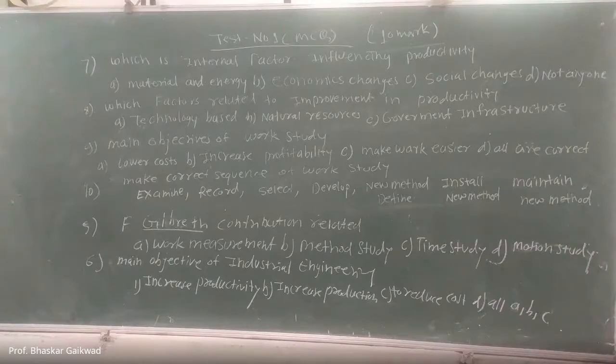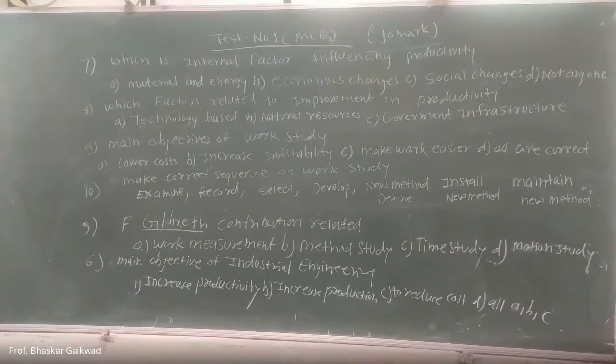Then next, factors affecting productivity. The two types of factors are controllables or internal factors, and non-controllables or external factors.